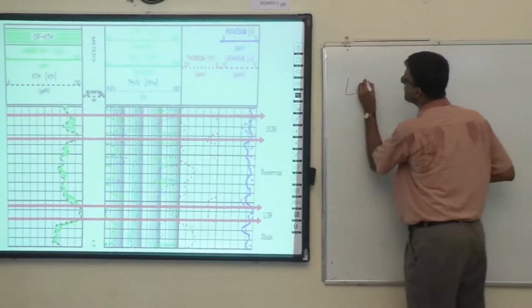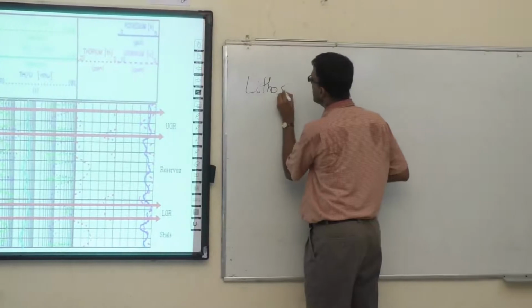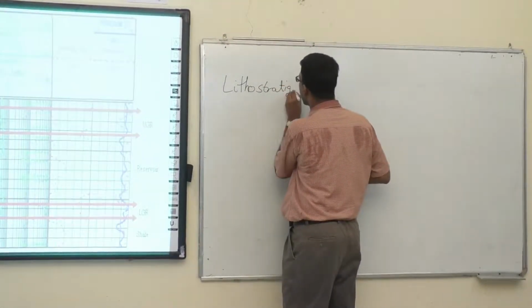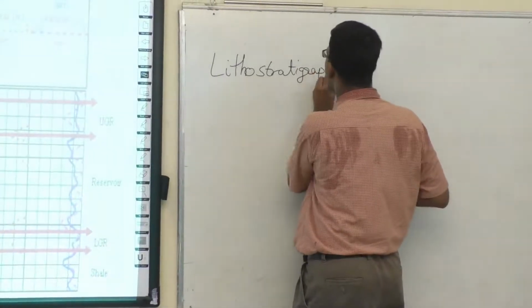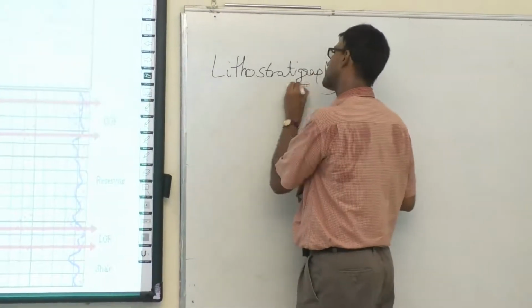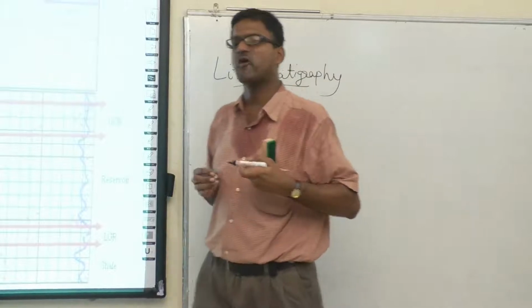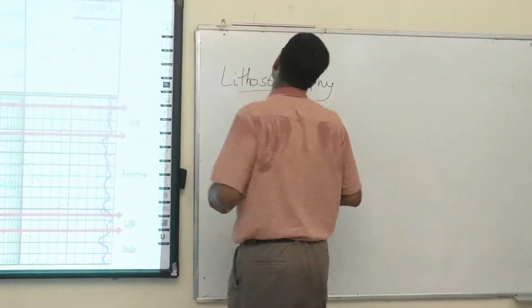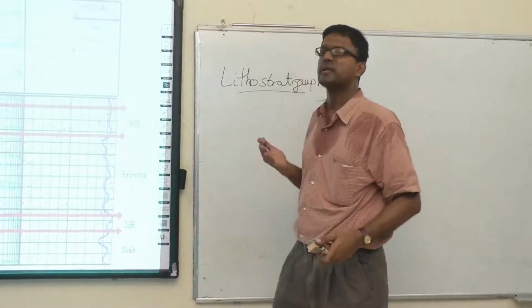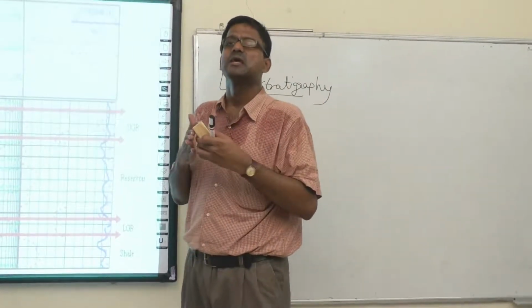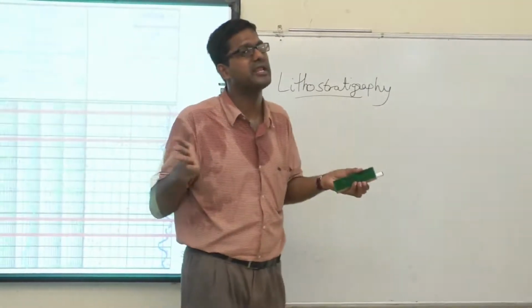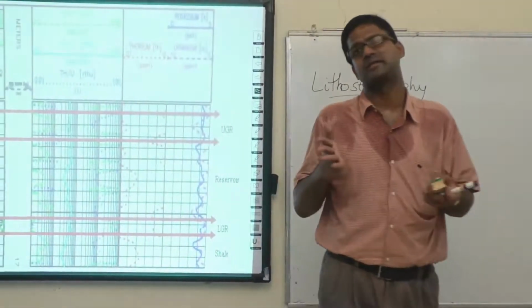I'll write it down. Lithostratigraphy is nothing but the lithology from bottom to top. It is not that we have only complete sand, or only complete shale or limestone or dolomite.